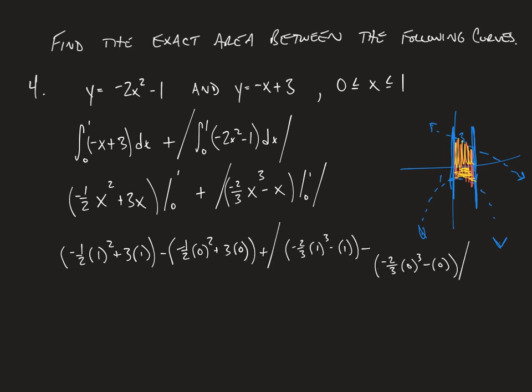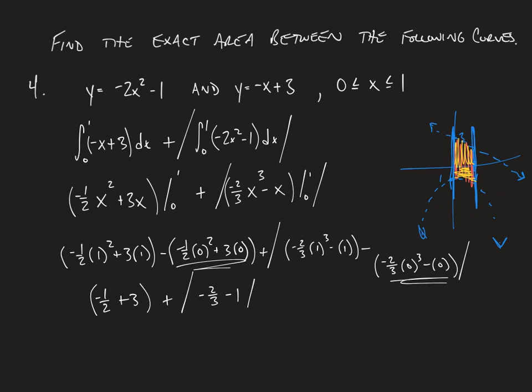All right, so this is going to actually work out pretty nicely. We're going to end up with, let's see, we have a negative 1/2 here plus 3. All right, this is all just 0. And then we have plus the absolute value of negative 2/3 minus 1. And this is, again, just 0.